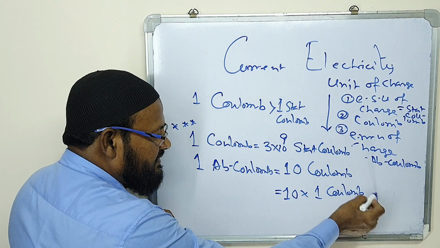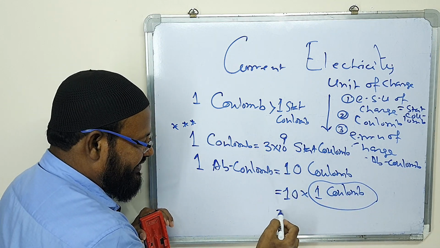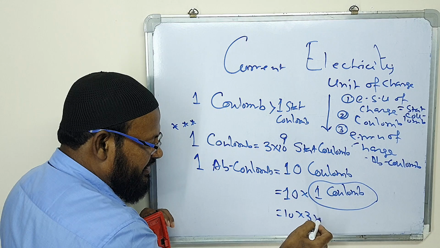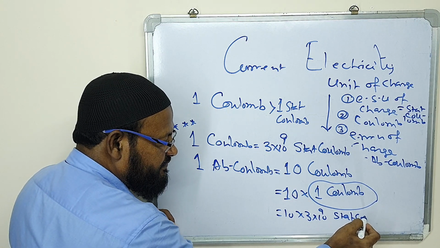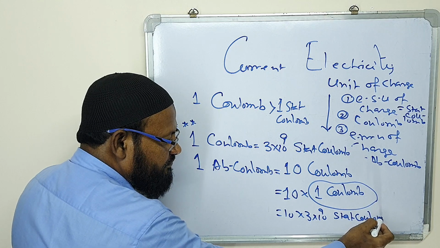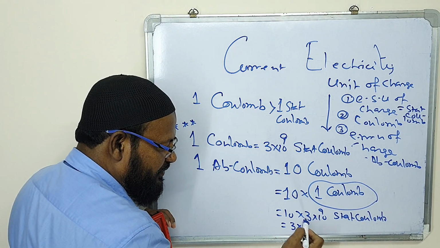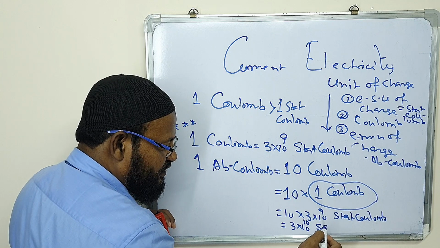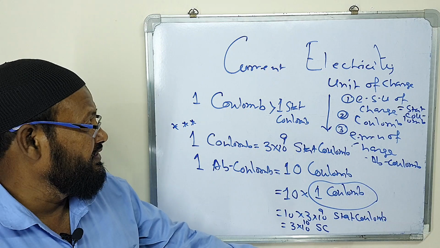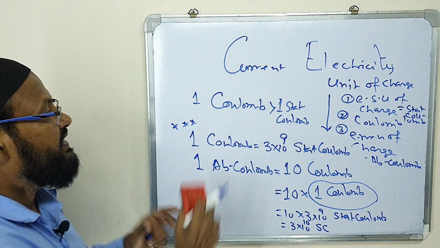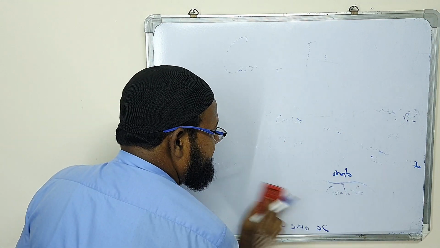Please see, what is this? 1 coulomb equal to 3 into 10 to the power 9 stat coulomb. What is this? 3 into 10 to the power 10 stat coulomb. I am writing in short, stat coulomb. Therefore, what are the relations? Please see here.